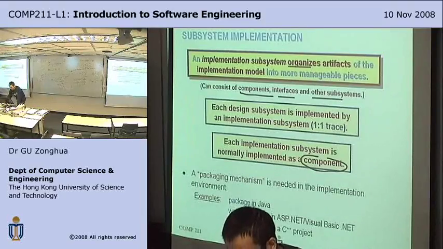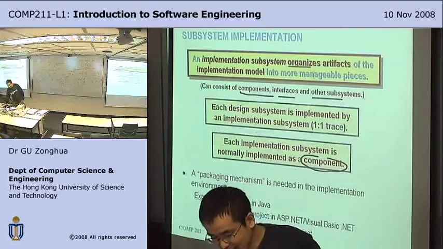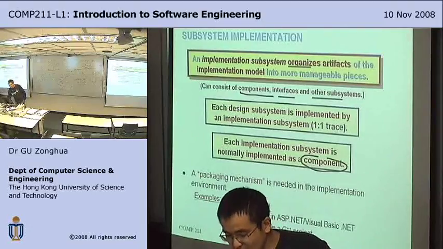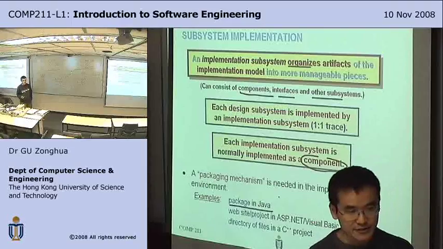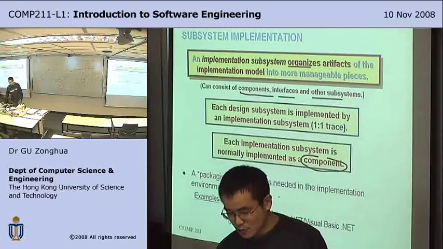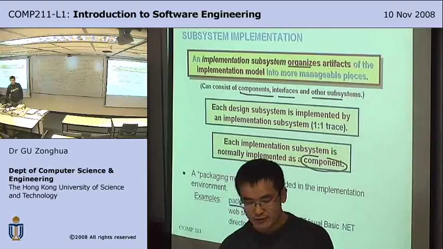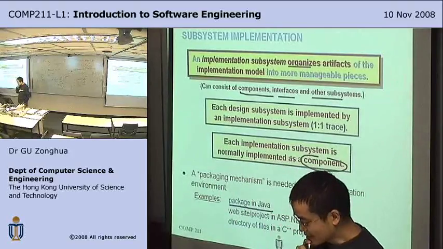So a packaging mechanism is needed in the implementation environment. For example, a package in Java, that is a .jar file. You may package many .class files into a .jar file as an implementation package, which you can then distribute to your clients.